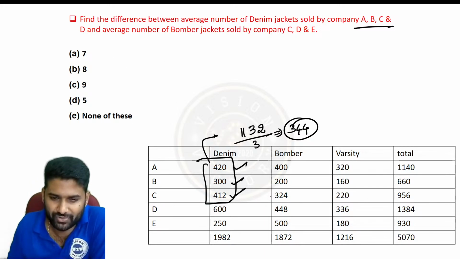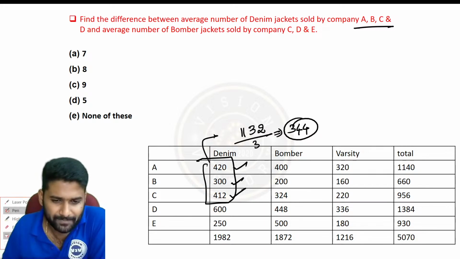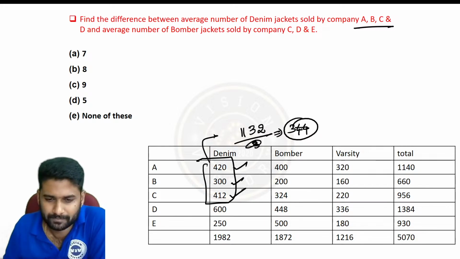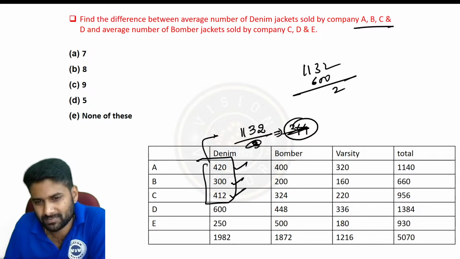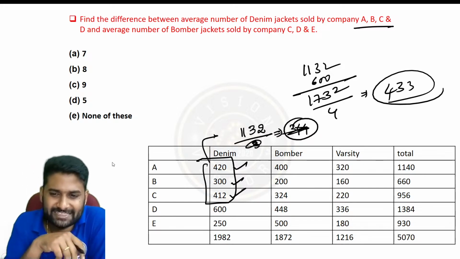Sorry, we should take D also. 1132, and you should add 600 also, divided by 4. 4 fours are 16, 4 threes, so you will get 433.